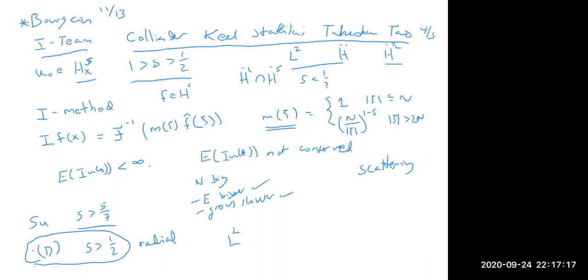In that case, your energy would be conserved, we would have a finite energy, but you wouldn't have a finite mass. And then you could take a corresponding M, that's called the upside down I method. It's been useful, but for some reason in higher dimensions, for a supercritical problem, it's not particularly useful anymore.